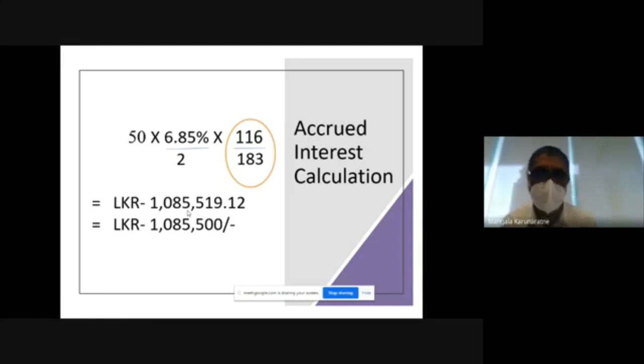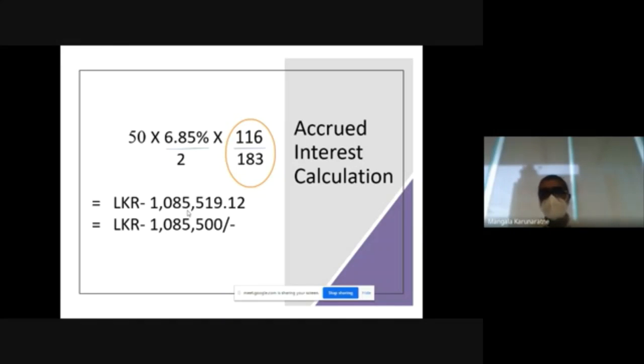But what I am trying to prove here is, someone can say, we don't get this in the bond calculator. Yes, definitely you don't get this in the bond calculator, and even if you feed this data into your system, if you have a test system, you can feed and see, you will not be getting 1,085,519.12. Actually, you will be getting the figure below that, 1,085,500, right?